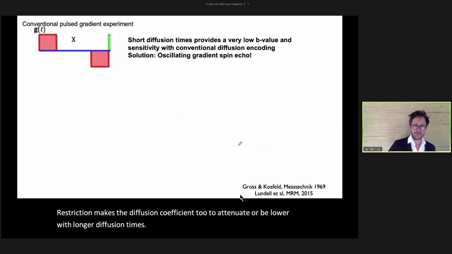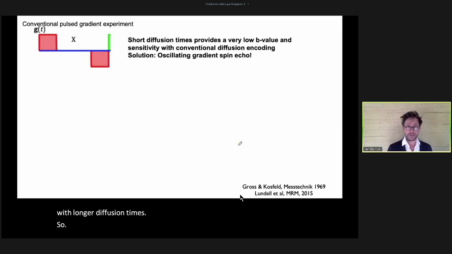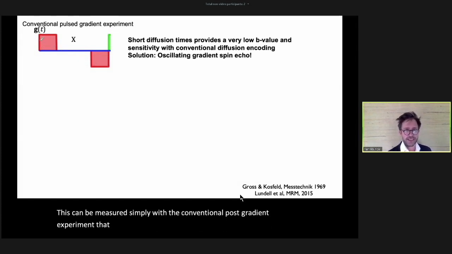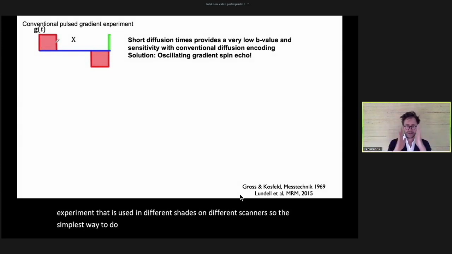So this can be measured simply with the conventional pulsed gradient experiment that is used in different shades on different scanners. The simplest way to do it is just to push our gradients very close together.